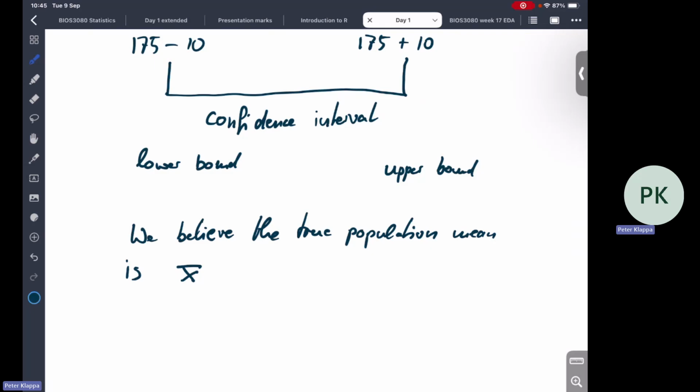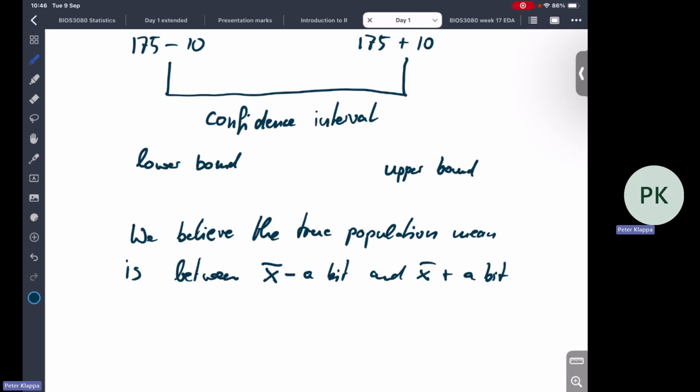So it is between x bar minus a bit and x bar plus a bit. Somewhere in between. That is our confidence interval that we can try to work out.